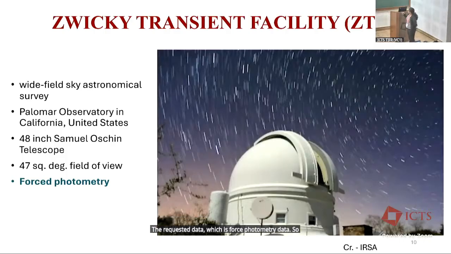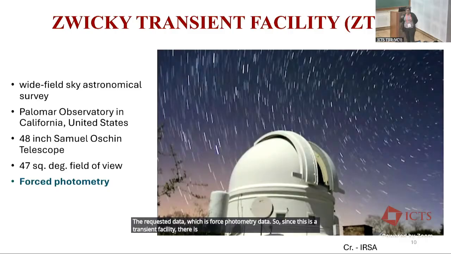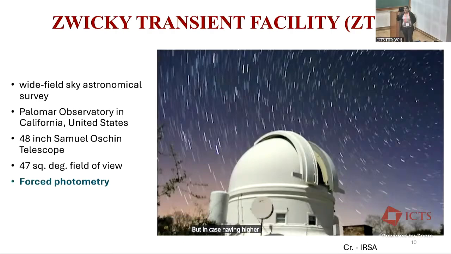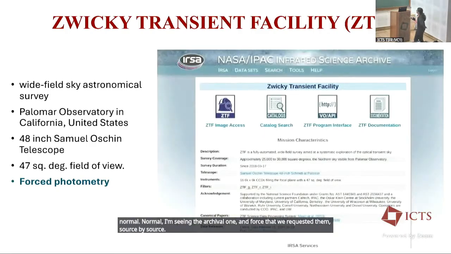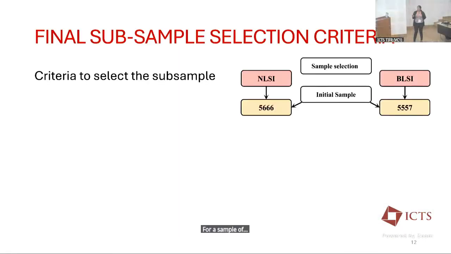Since this is a transient facility, there are multiple intranight epochs as well, but with no doubt with higher uncertainty. But having a higher number of epochs will help us fit the DRW model very efficiently. So we use both the data, forced and normal. Normal, I mean the archival one, and forced that we requested source by source for a sample of 5,600 sources.